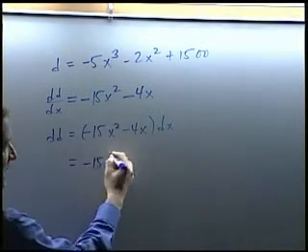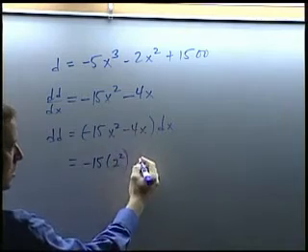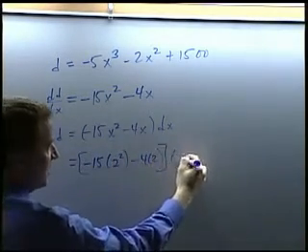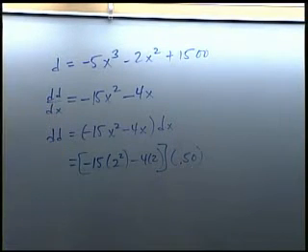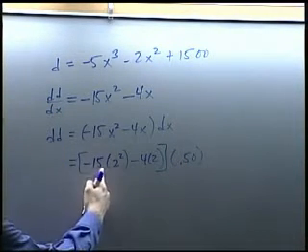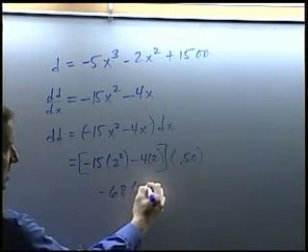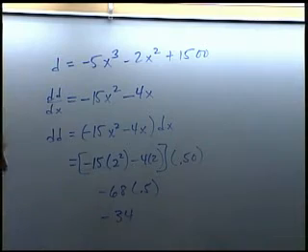Okay, negative 15, $2 squared, minus 4 times $2, and then all of that times 50 cents. Okay, this is negative 68, negative 68 times a half, I think it should be negative 34. Okay, and again, if I did that wrong, correct me.